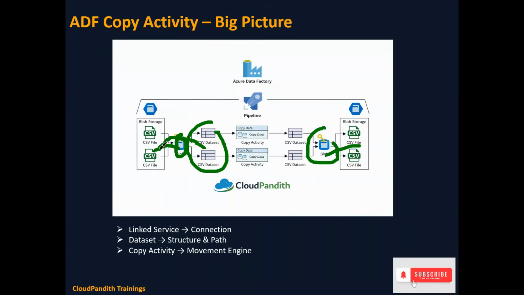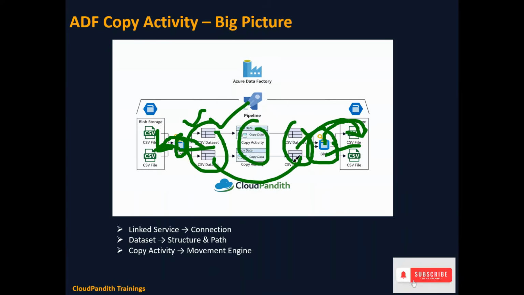The source dataset points to the source storage account folder, and the sink dataset points to the sink storage account path. Next, we have the copy activity. Copy activity uses these linked services and datasets to move data from source to destination.